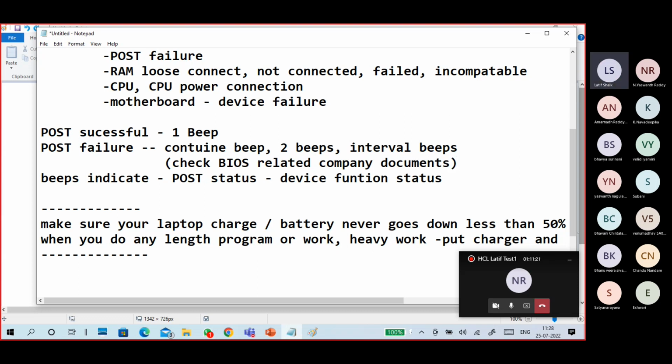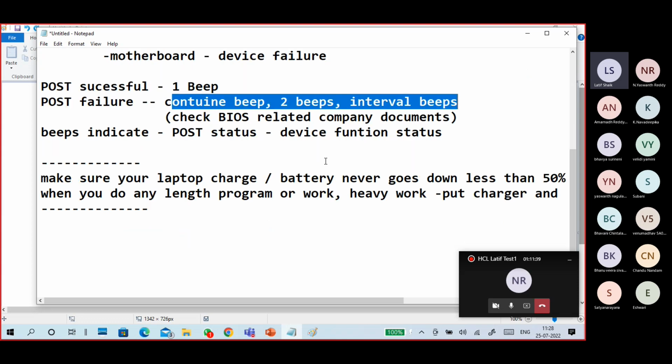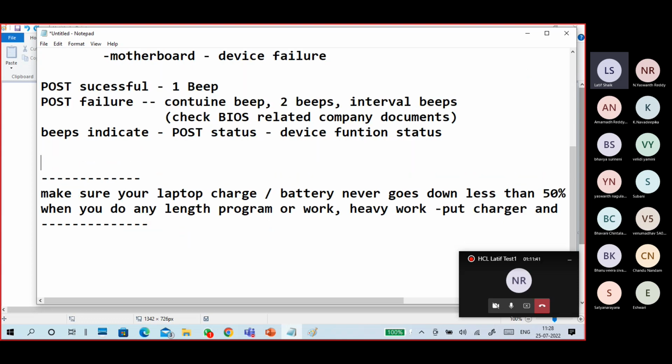For example, Dell company is there, Dell BIOS is there, or maybe HP BIOS, maybe Phoenix BIOS, AMI BIOS, Award BIOS is there. So go to the company documents and check what is the meaning of this beep sound, so we can understand what is the failure. Okay, so beep sounds indicate post status and device function status, meaning what is the particular device problem.